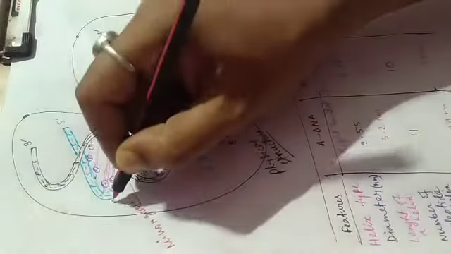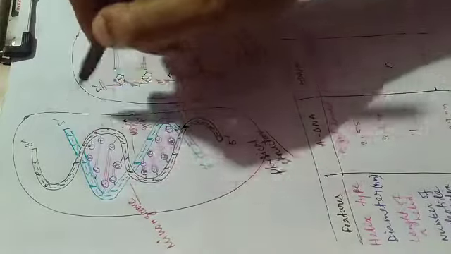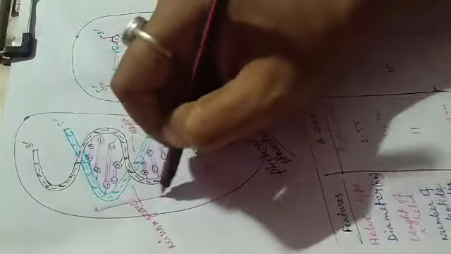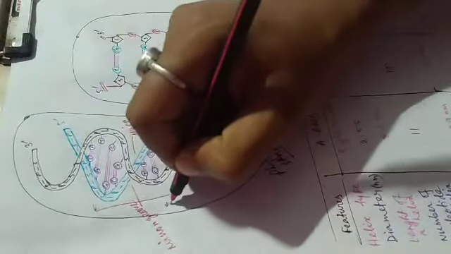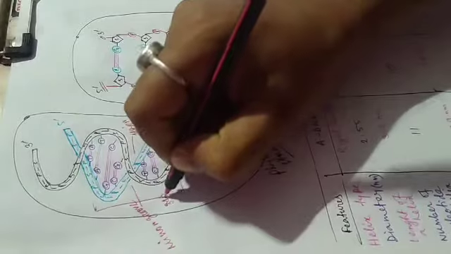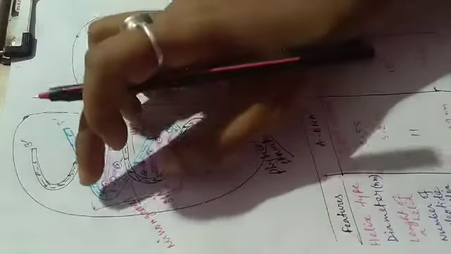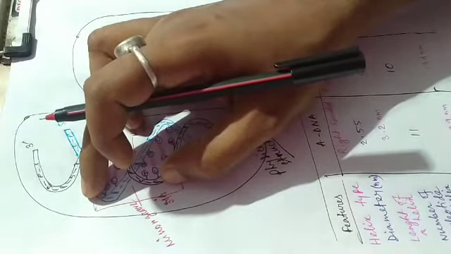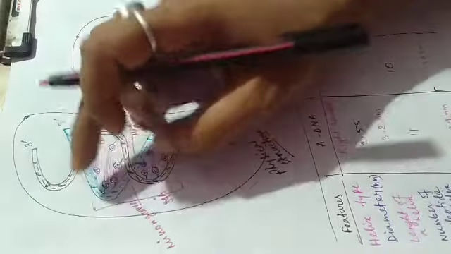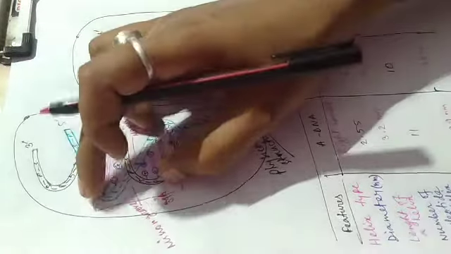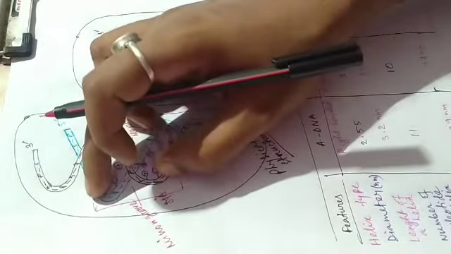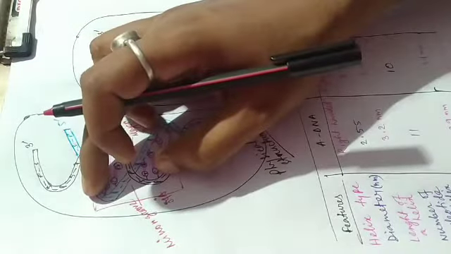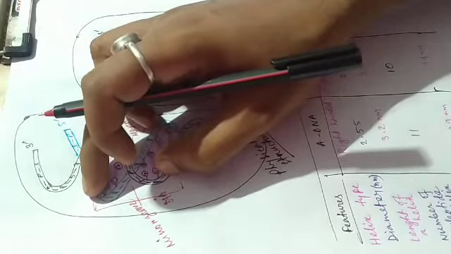A single helix means from here to here. The length of a single helix is 34 Angstrom, and a complete helix is composed of 10 nucleotides. 10 nucleotides means 10 nitrogen bases are present at that place of DNA.